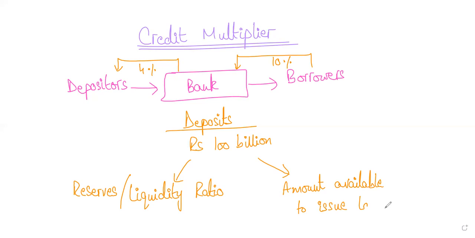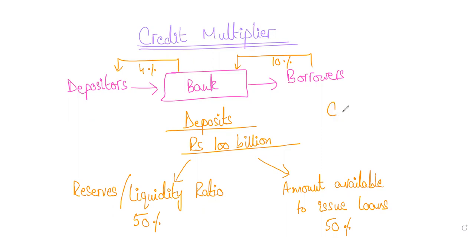Okay, think about this. Now, let's say yesterday, the example that we were doing, let's say 50% is the liquidity ratio, which means half of the total deposits cannot be used to issue loans. And therefore, it means that the remaining half is available to issue loans, right? Now, out of 100 million, 50 million will not be used to issue loans, and the remaining 50% would be.